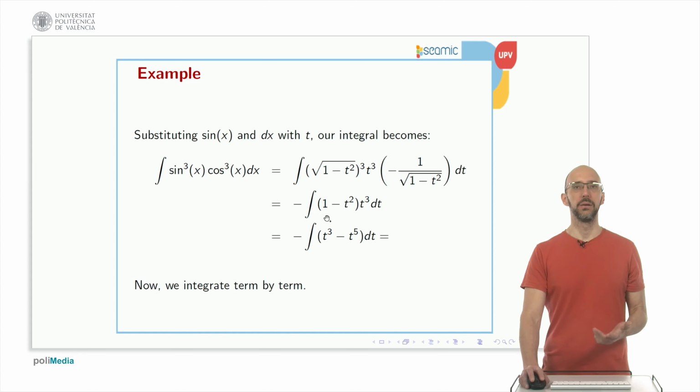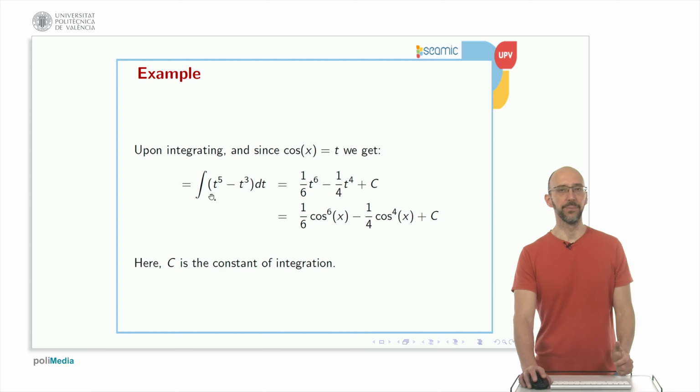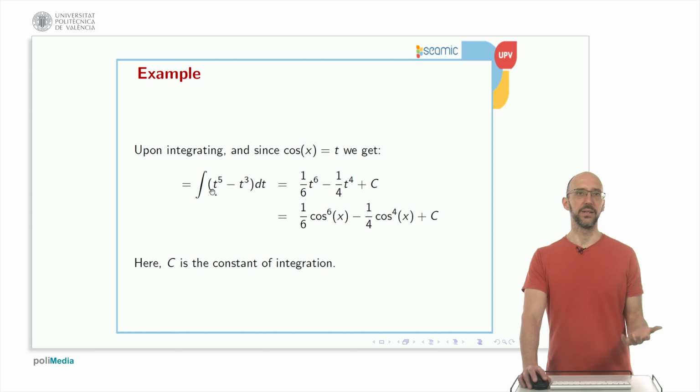How do we solve it? Let's multiply. t cubed times 1 is t cubed. t cubed times t squared is t to the 5th power. I still have a negative outside, so I put it inside and change the order of whatever is inside. This integral is trivial. The integral of t to the 5th is 1 over 6 t to the 6th power, and t cubed is 1 over 4 t to the 4th power.